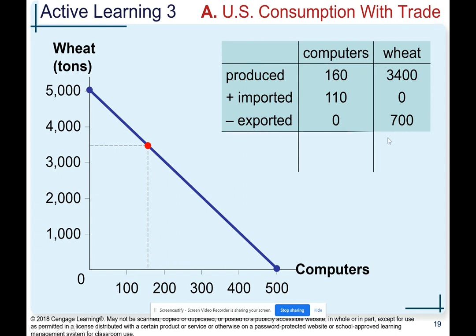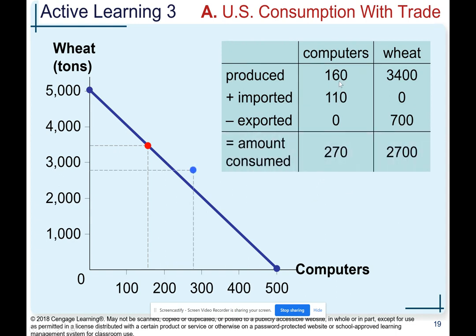So, what is the United States consumption? From 160, add import from Japan 110 computers. So, the US is consuming 270 computers. It started out with 3,400 tons of wheat, exports or sales to Japan 700 tons, and the US is left with 2,700 tons of wheat.